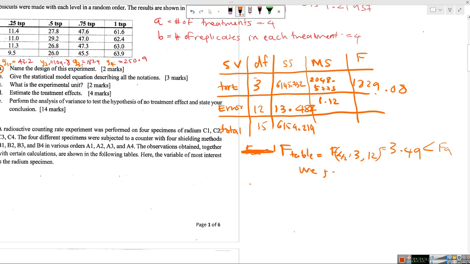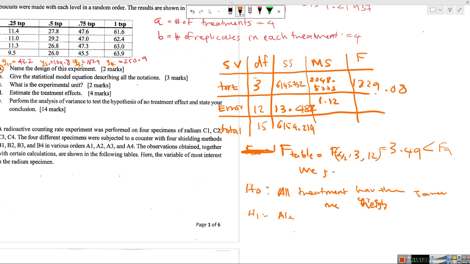So we can write down H naught: all treatments have the same yield or have the same mean height, right? But here H1 is that at least one pair of treatments has a different mean height when compared to others.